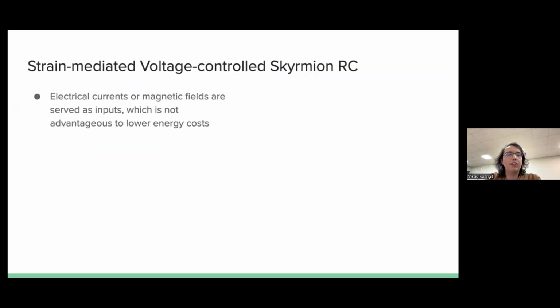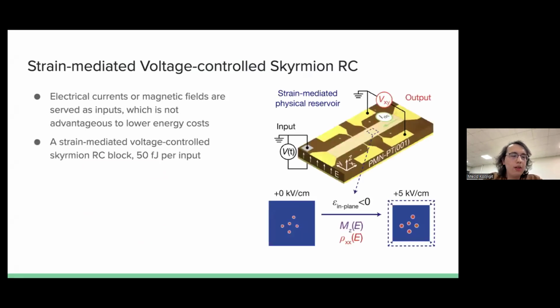Previously, either electrical currents or magnetic fields served as inputs to those skyrmions, which is not really suitable for ultra low energy costs. In this paper, a strain-mediated voltage-controlled skyrmion RC block, RC meaning reservoir computing, employing the nonlinear breathing dynamics has been proposed.